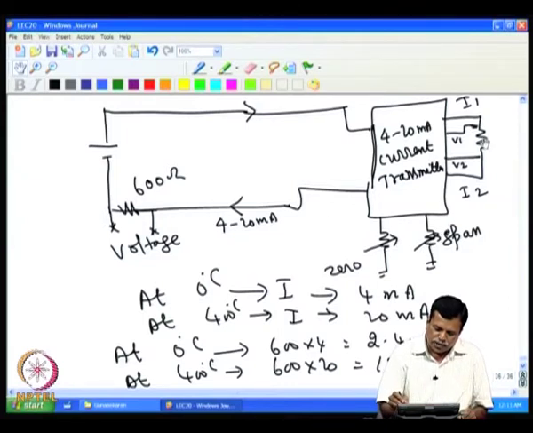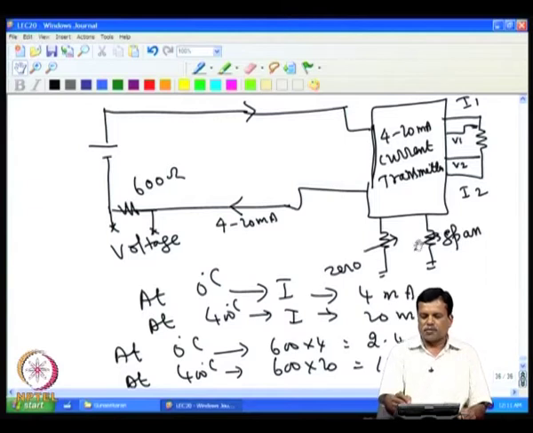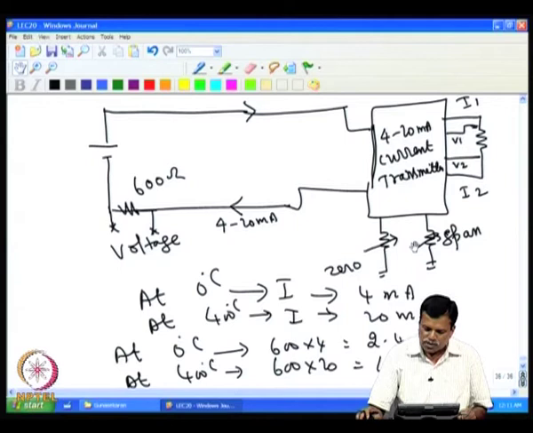If not, you adjust this. So, 0 and span are repeatedly adjusted such that at 0 degree C you get 4 milliampere and at 400 degree C you get 20 milliampere. So, these are the 2 potentiometers required for 0 and span adjustment. So, this is the system that we have to design now.